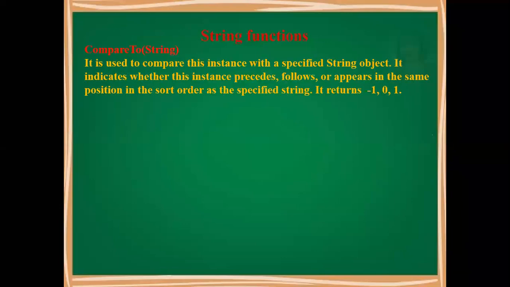It is used to compare the instance of a particular string with a specified object. It indicates whether the instance precedes, follows, or appears in the same position in the sort order as the specified string. If it returns -1, obviously, what is that? True, false, or no result.